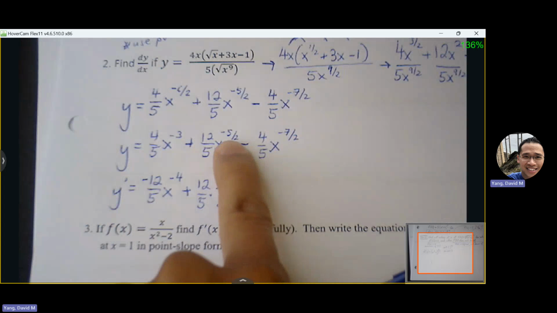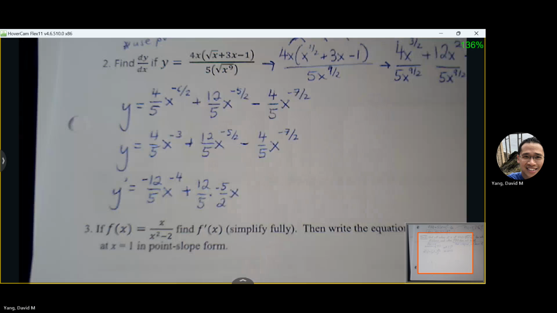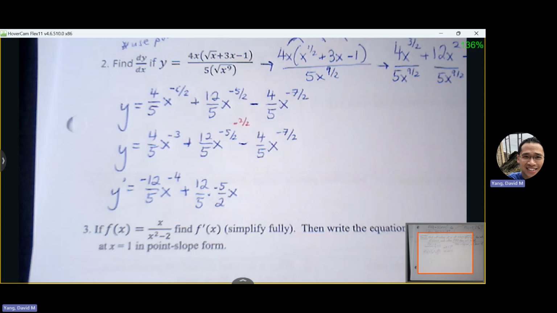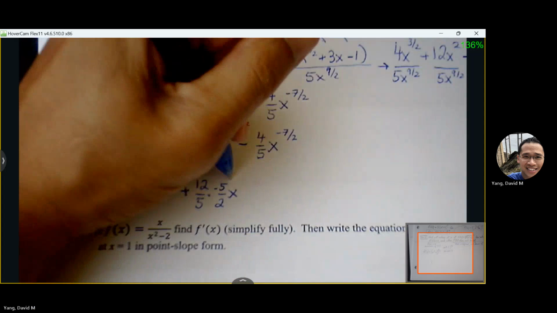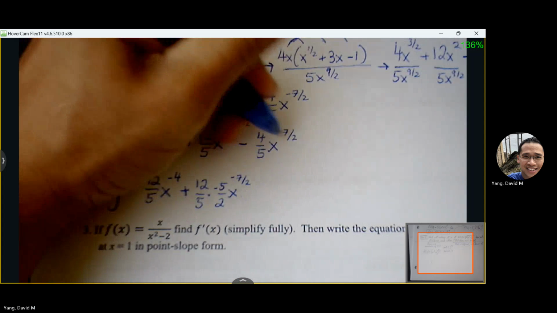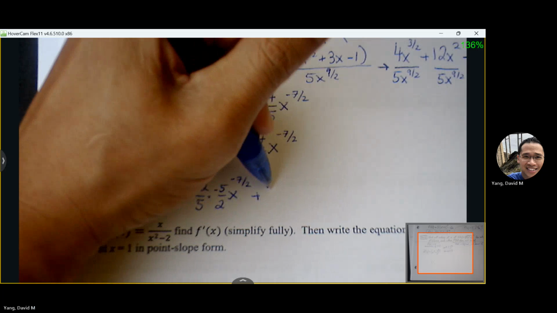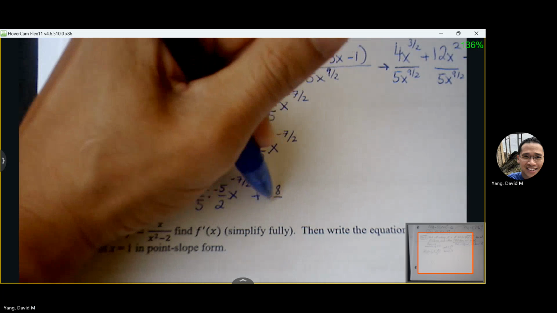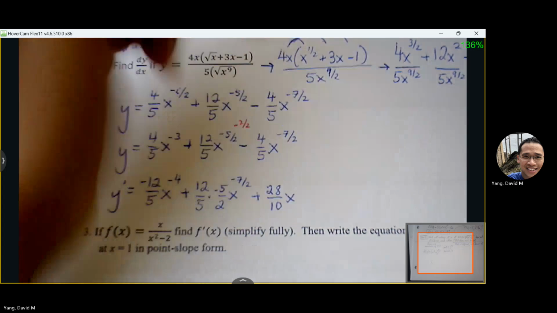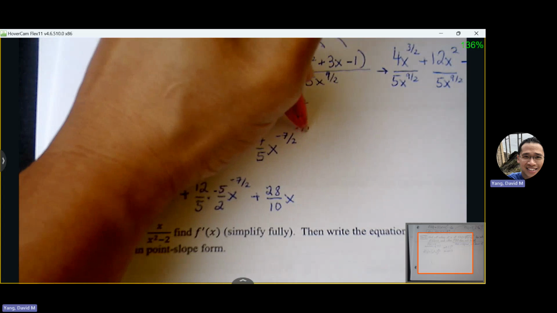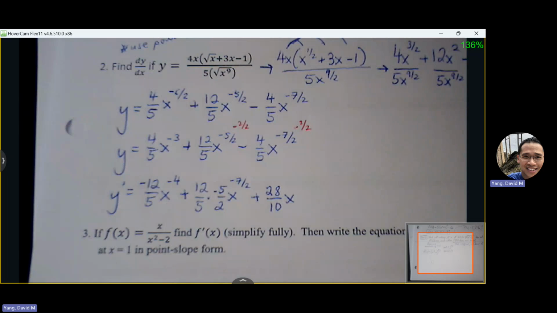What's my new exponent going to be if I subtract 1 from -5/2? -2/2, so that's -7/2. Bring down the -7/2. And then my new exponent, subtracting 1, will be -9/2.